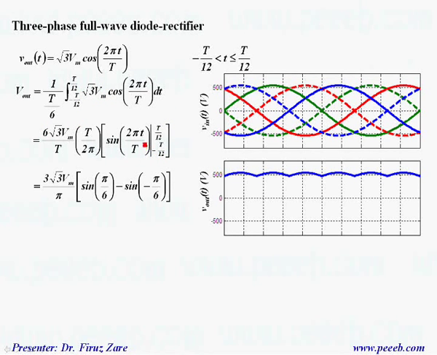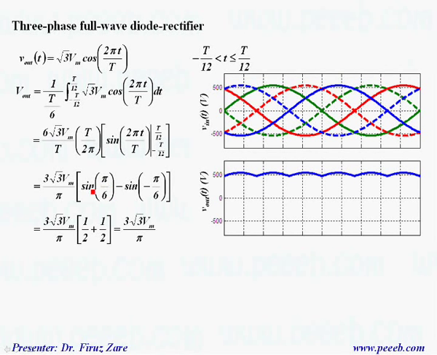We can simplify again, because the upper limit means sine of 2 pi over T times T over 12, and that means sine pi over 6. Same for the lower limit, and then finally we get that voltage.